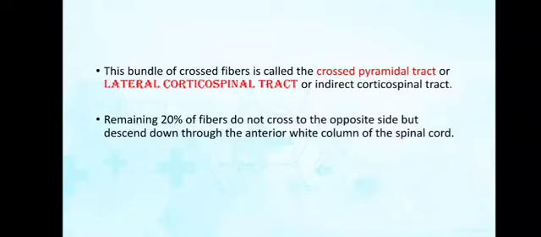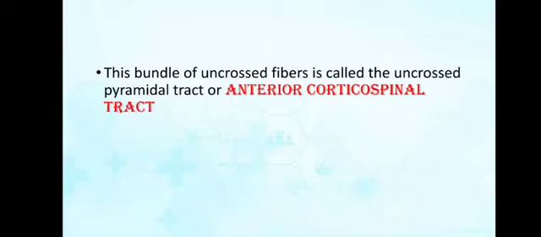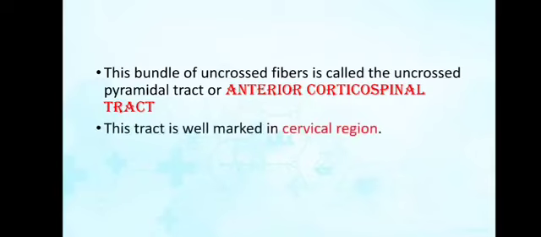The remaining 20% of fibers do not cross to the opposite side but descend through the anterior white column of the spinal cord. This bundle of uncrossed fibers is known as the uncrossed pyramidal tract or the anterior corticospinal tract. This tract is well marked in the cervical region.